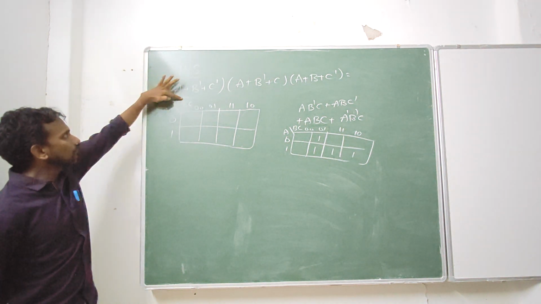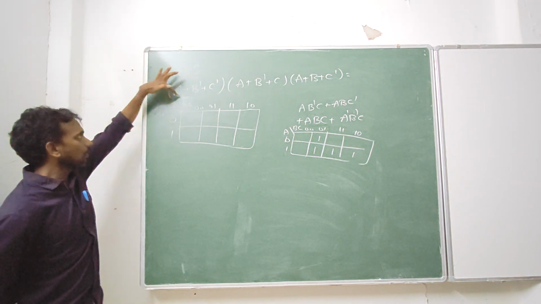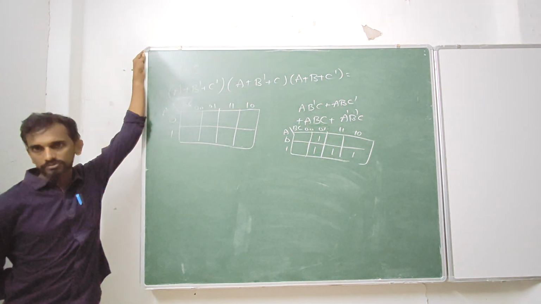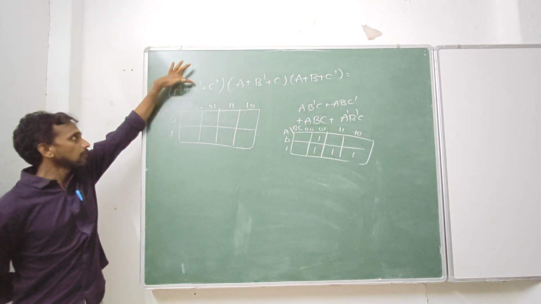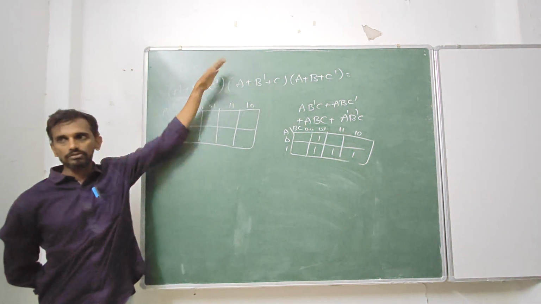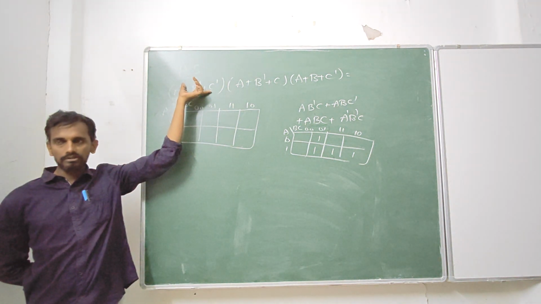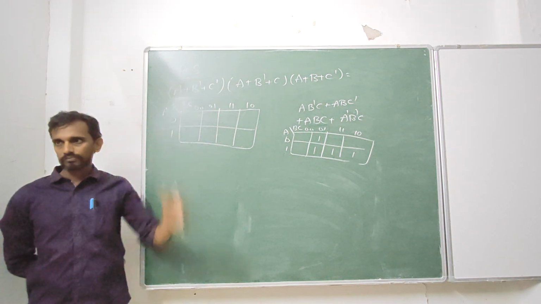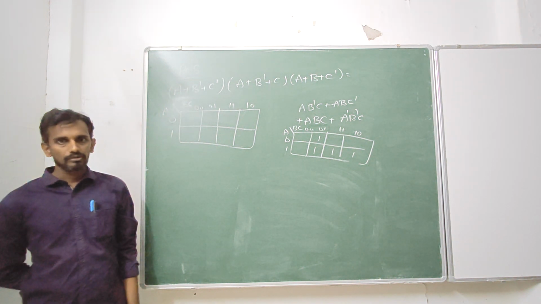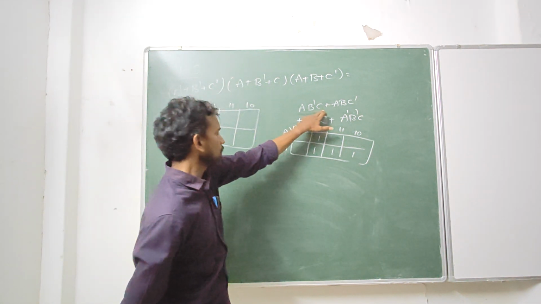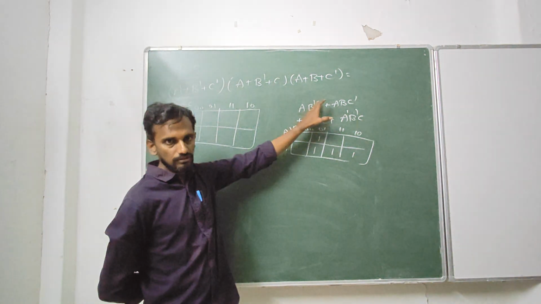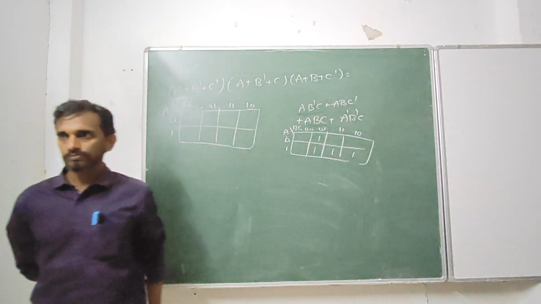So this term will become 0 only when all the constituent terms are zeros. If a is equal to 0, b bar is equal to 0, c bar is equal to 0, then only this term will become 0. In all other cases, this term will be 1. Whereas here, only when all the terms are 1, the term exists, otherwise the term will become 0.